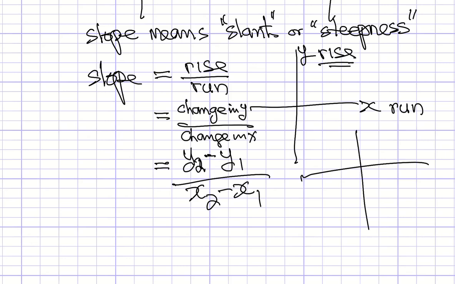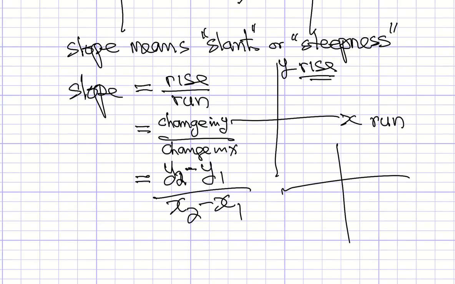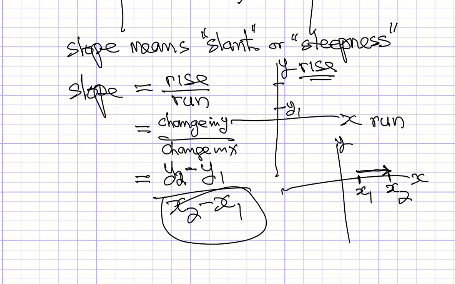So this is x and this is y. Let's say you start here x1, and you end up in x2. So the change, you're going from x1 to x2. The same thing with the y-axis. Let's say you start here y1 and you end here y2.